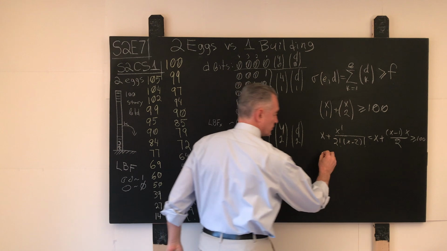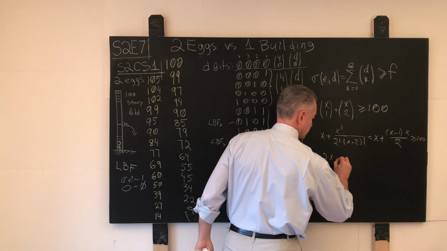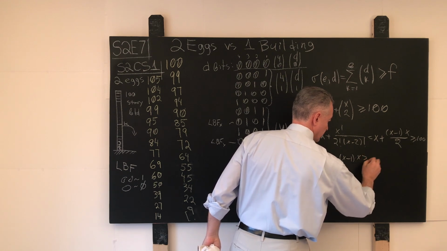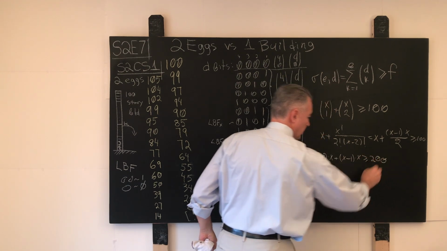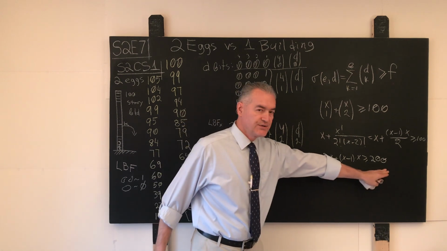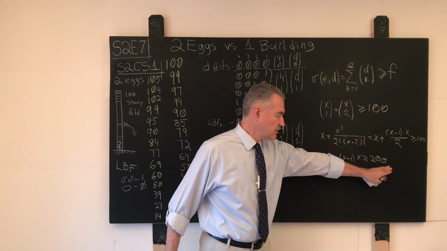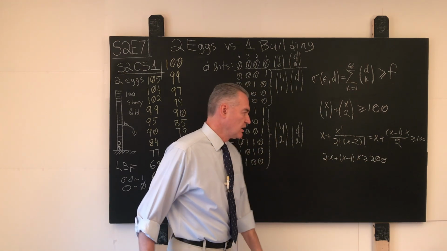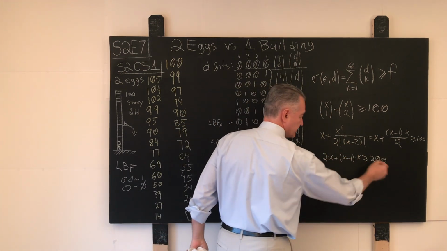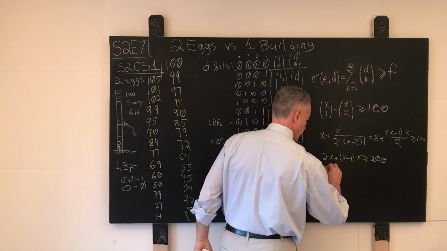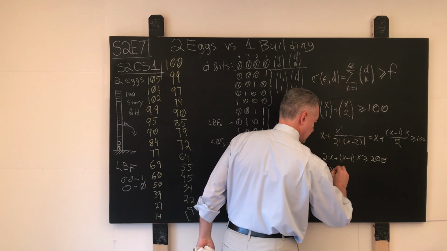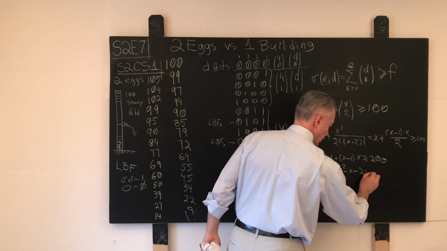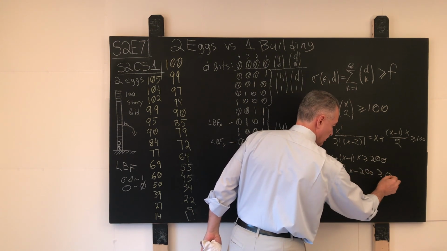We'll have 2 times X plus (X minus 1) times X greater than 200. That maneuver should be understood. This is probably even before middle school. There is nothing magic over here. Now we open up the parentheses, move 200 to the other side, and we get 2 times X plus X squared minus X minus 200 greater than 0.